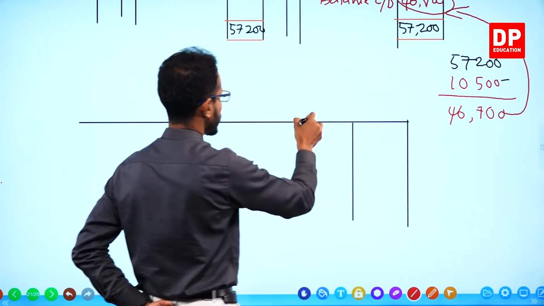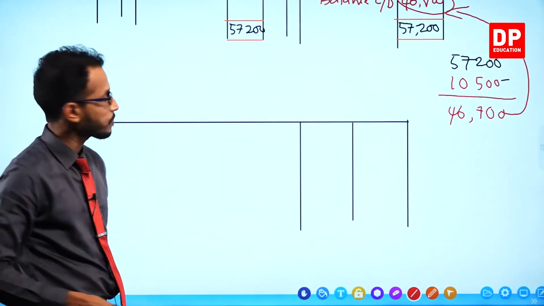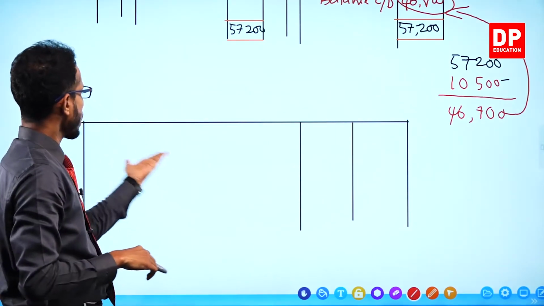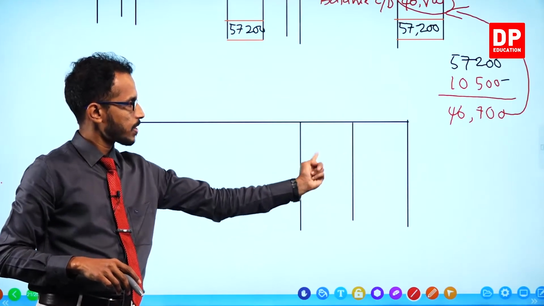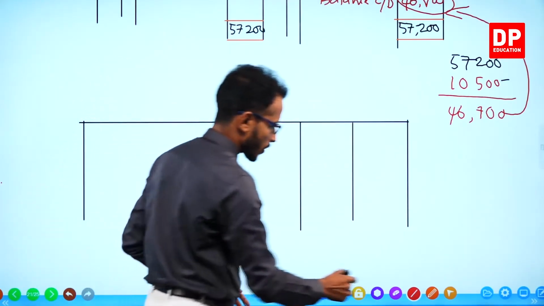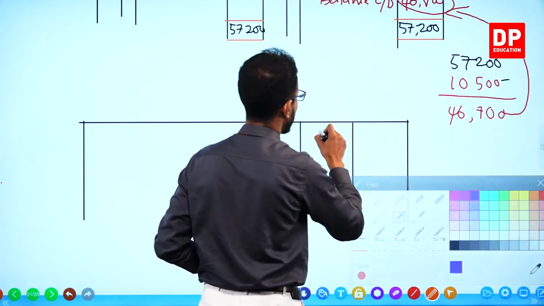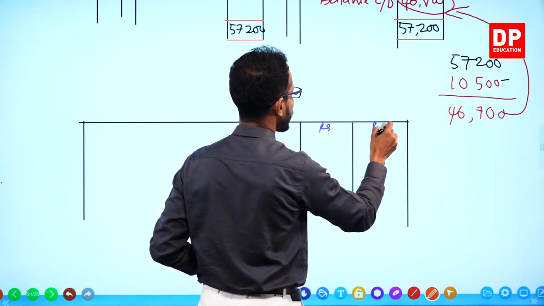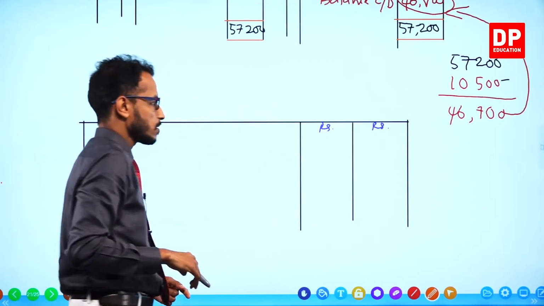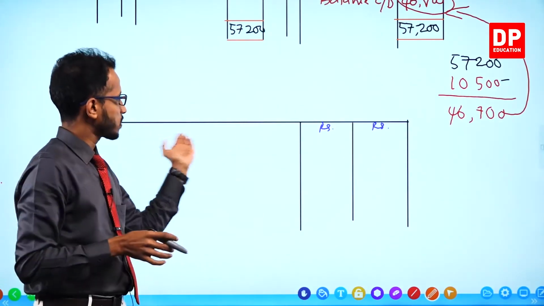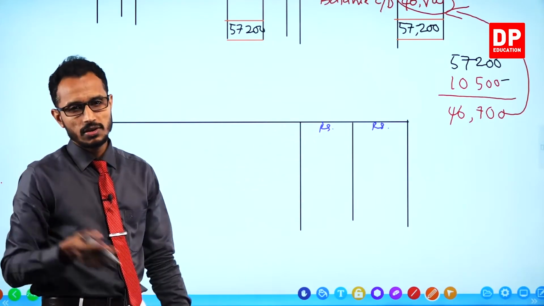The reconciliation statement has a very simple format. One wide column for descriptions, two narrow columns for amounts. That's it. Not even a row for headers, I mean, it's not needed.